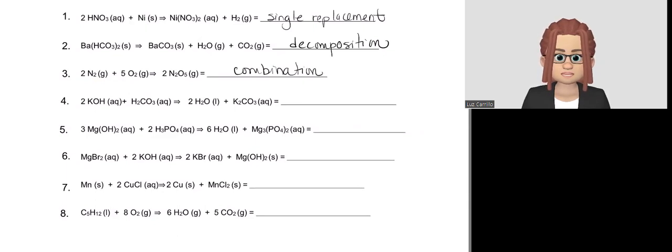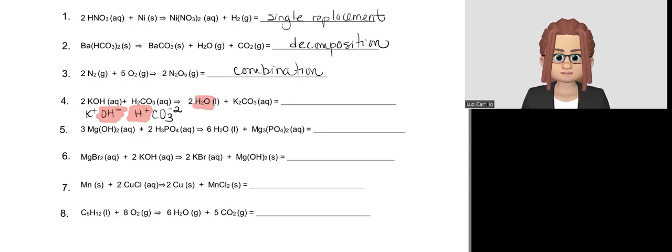When we look at the next one, we see that we have KOH. If we split this into ions, this is K plus and OH minus. If we look at H2CO3, this is H plus and CO3 2 minus. When we do this, we can observe that in the product, we have H and OH combined to make water.